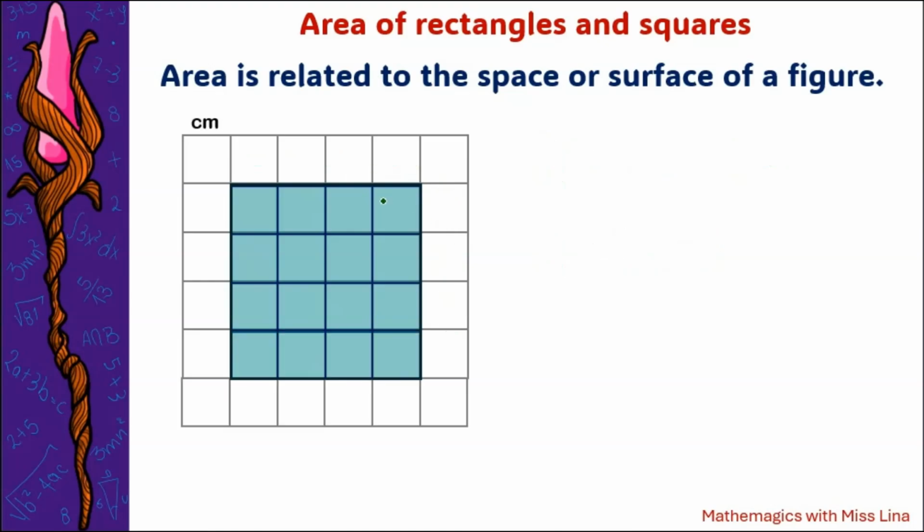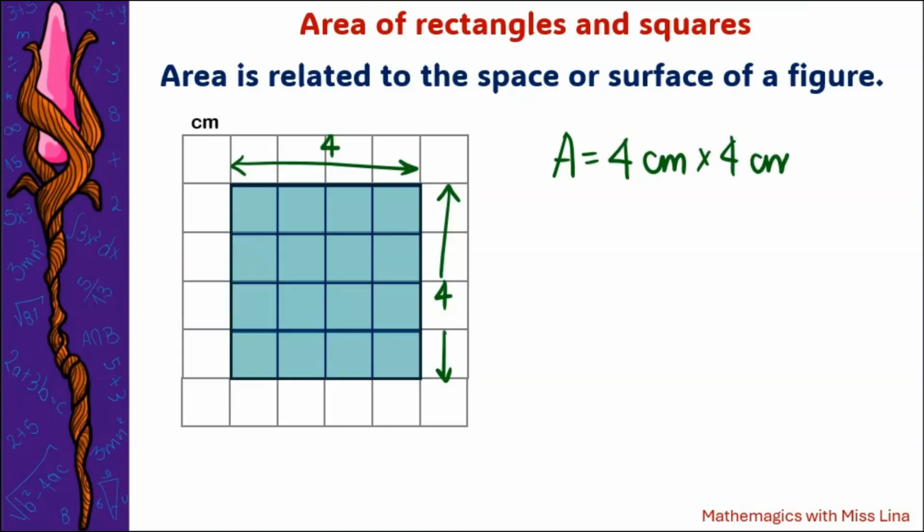A square is exactly the same thing. You just have the two dimensions, 4 and 4, and the area is the multiplication of those two dimensions. 4 centimeters times 4 centimeters. 4 times 4 is 16. 16 square centimeters.